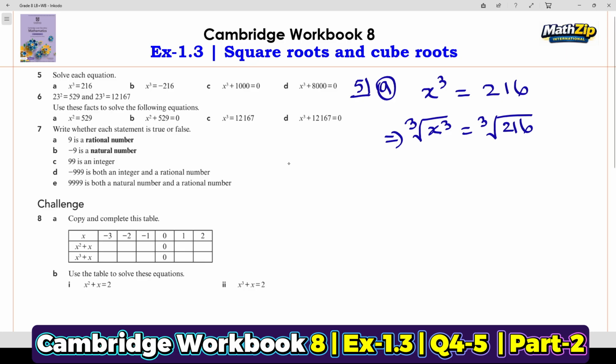Now it's the most important thing: x cubed to the power 1 by 3, because we know the nth root of x can be written as x to the power 1 by n. Same thing, what we will write for this 216.